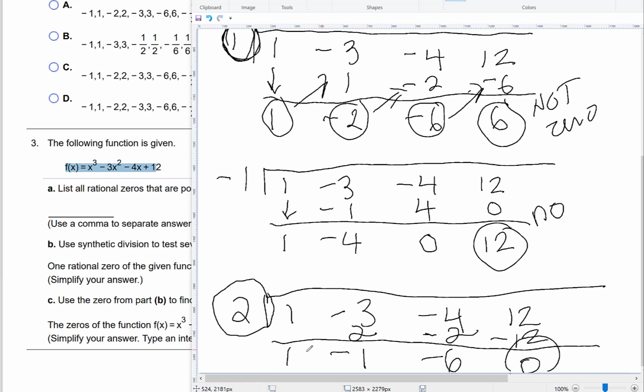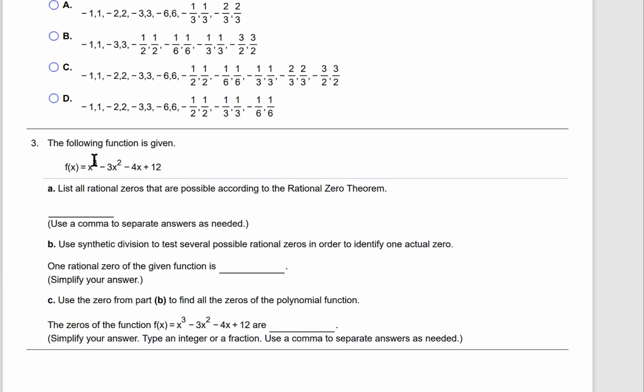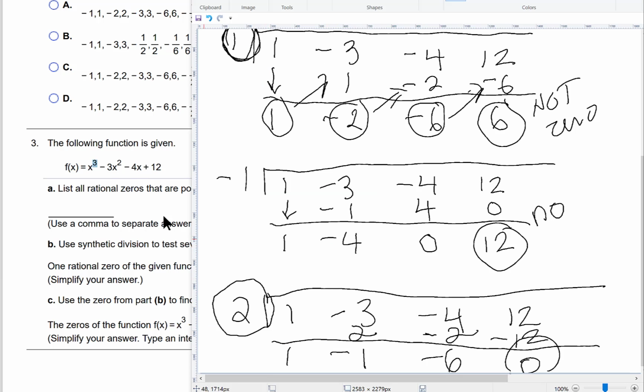Now let's take a look at the coefficients that remain. Remember, here we've started with a third degree. We have now divided, so we've reduced our third degree polynomial to a second degree. So that's an x squared, an x, and then a minus 6.